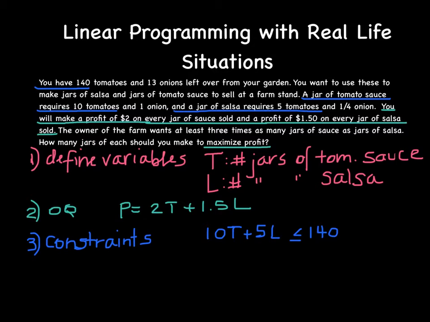Well, what about my onions? I am held to 13 onions. And if I look into my word problem again, the tomato sauce only uses 1 onion, and the jar of salsa uses 1/4 onion.